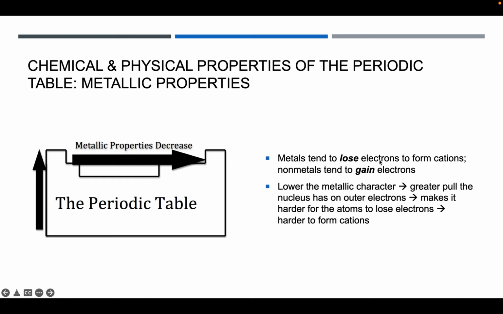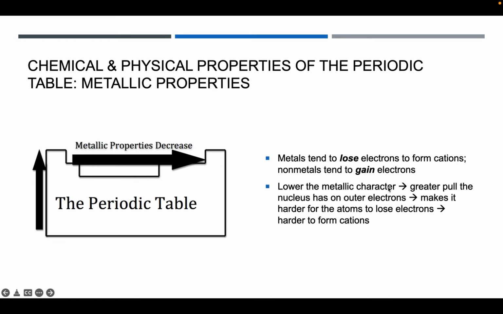So if I'm losing that negative charge, I'm going to form a cation, because cations have a positive charge. You can remember cations as cats: cats have paws, positive. Whereas nonmetals tend to gain electrons and form anions.